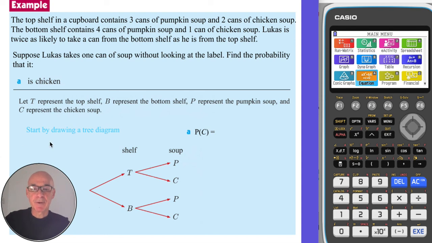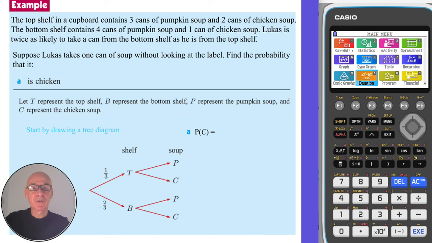So thinking about that ratio of 2:1, twice as likely, that means that there's a 2/3 chance of taking it from the bottom shelf and a 1/3 chance of taking it from the top shelf. 2/3 is double 1/3, in other words.